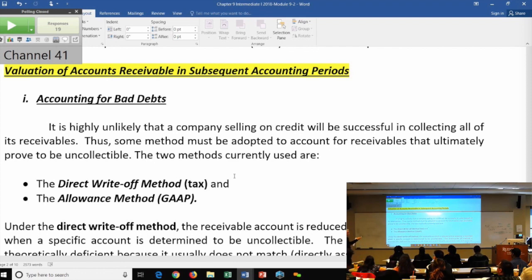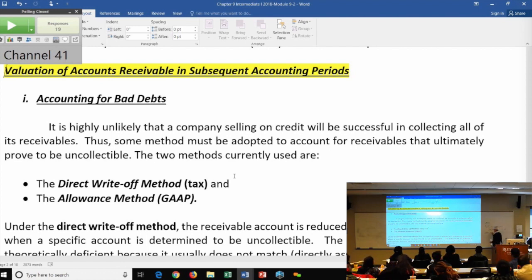So let's say that we had this sale. Let me just use the same information that I have here just for purposes of illustration. And let's say that this sale was in 2018, and in 2019, $2,000 becomes uncollectible.